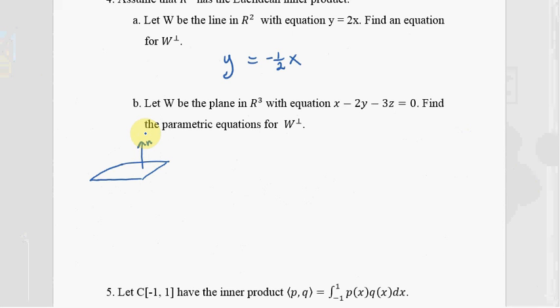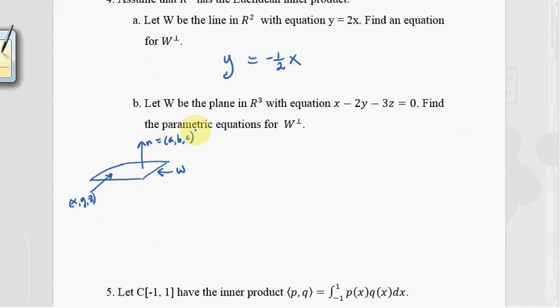So here, if you take some point in the space that we call W, the point was actually x naught, y naught, z naught, but I'm just going to say x, y, and z. The direction numbers here for this normal is said to be A, B, and C.